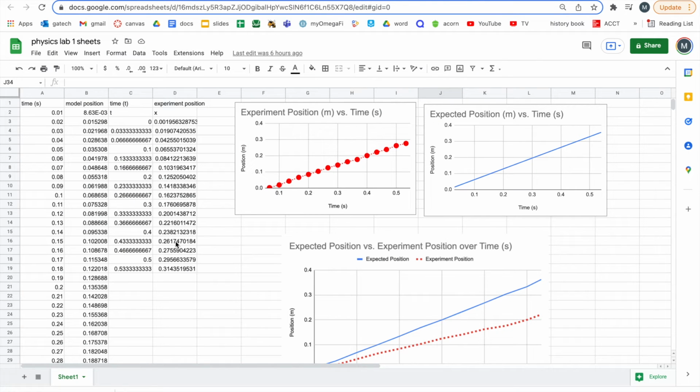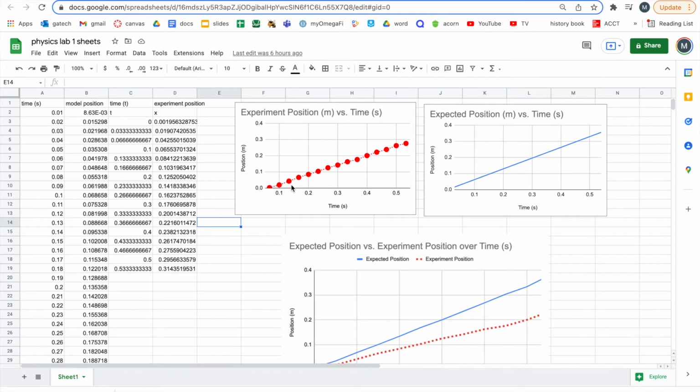Now we have put all of our data into a spreadsheet. Here is the model position, which is the expected position information, and this is the experiment data that we use. I've made two graphs. The first is the experiment position versus time.